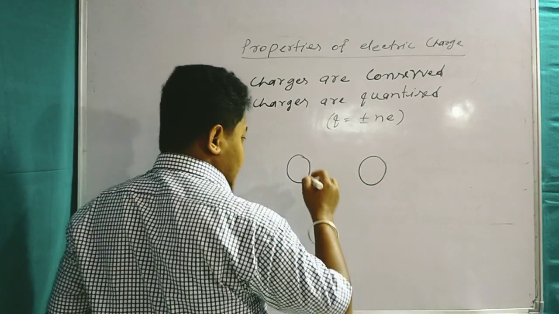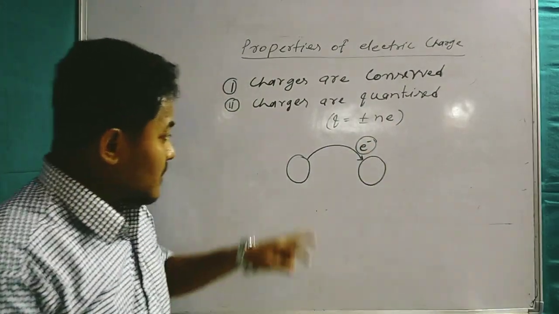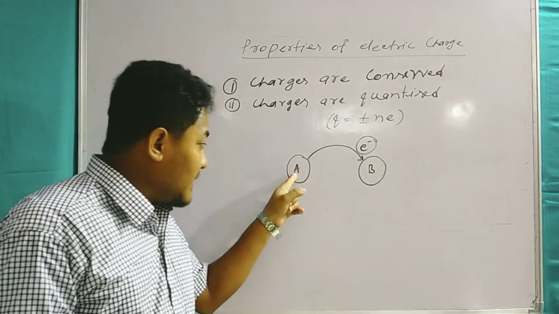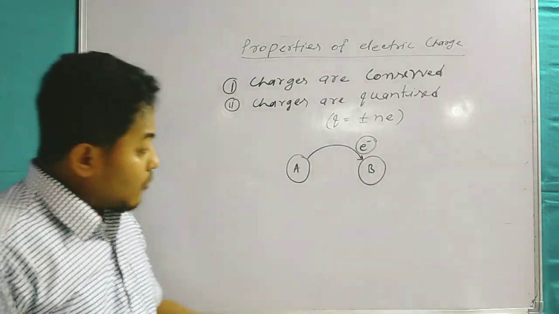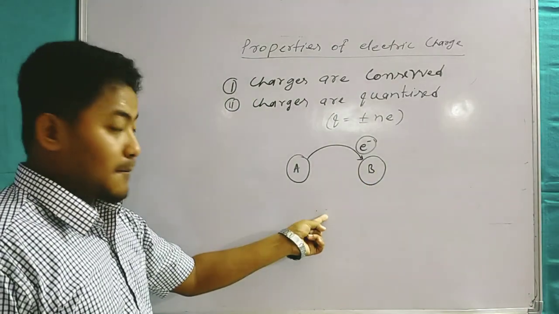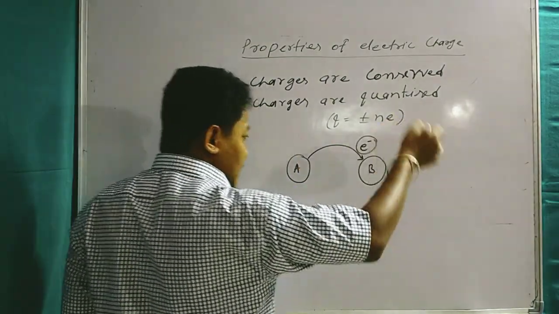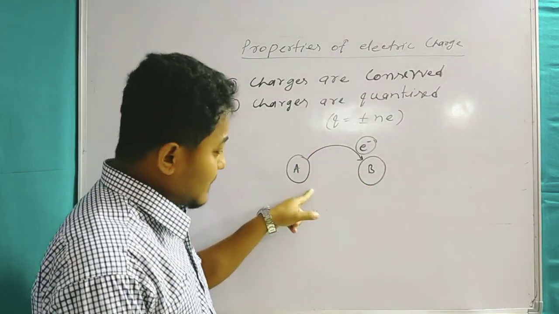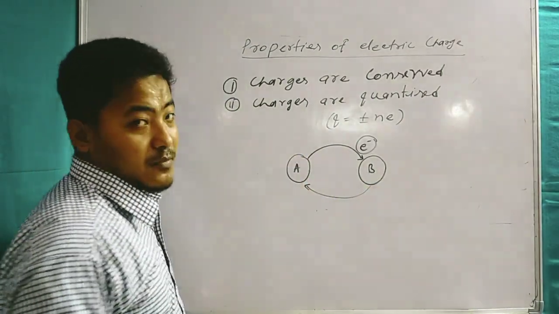Now by some process, body A is losing an electron to body B. Remember the point. That means as soon as an electron is transferred from A to B, one positive charge, that means one proton, will be coming to body A from B.